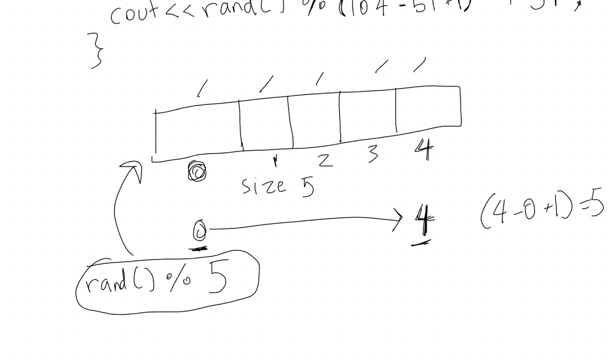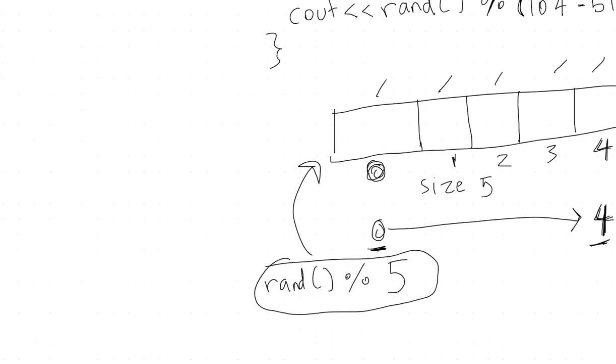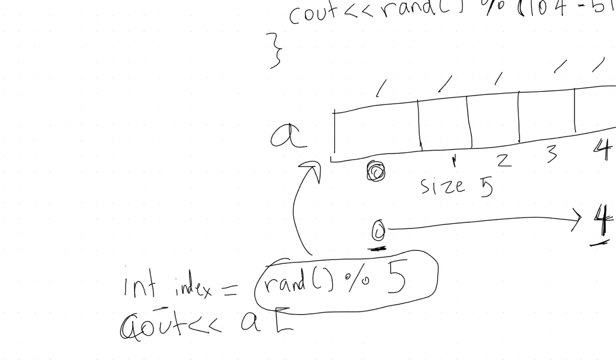Once you have that index, let's say I saved it in int index, and my array is A, I can then print out the element at that index by writing A[index].